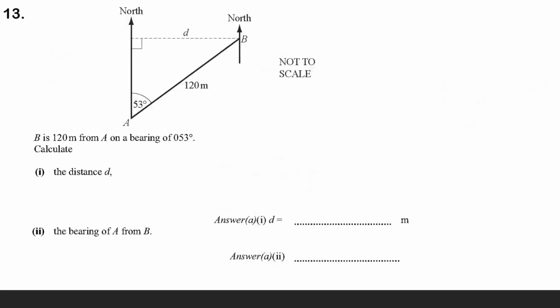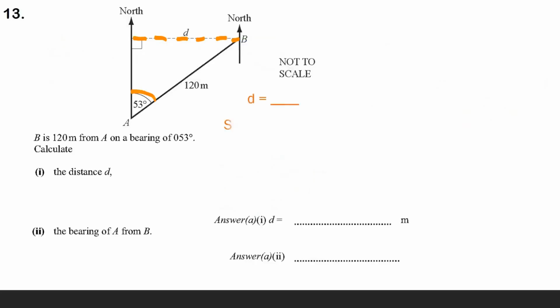Number 13, B is 120 meters away from A and the bearing of B from A is 053 degrees. Find the distance D, then find the bearing of A from B. So upon looking at that, you have your angle 53 and the D here is the opposite. You can take trigonometric ratios.